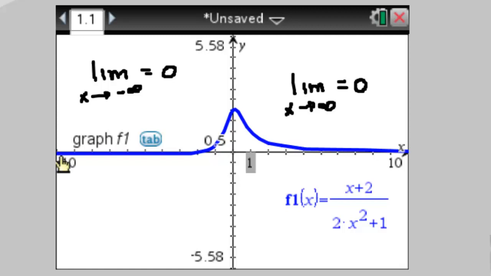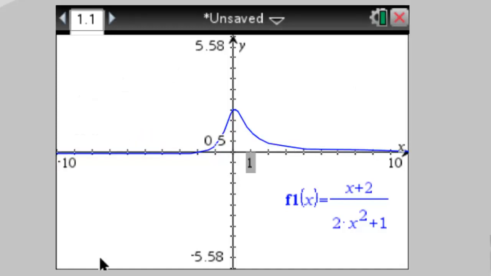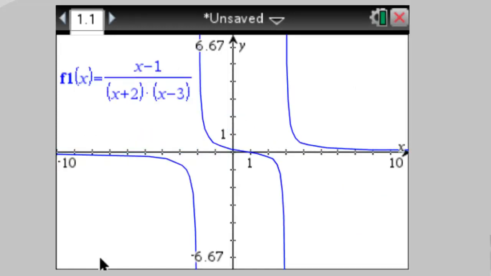Okay, do another one. All right. Now we're just looking at the ends of the graph, and again, you can kind of look at this. This degree is a 1, this degree is a 2. Numerator is less than the denominator, so my horizontal or end behavior asymptote is at y equals 0. So I want to describe the ends here now using limit notation.